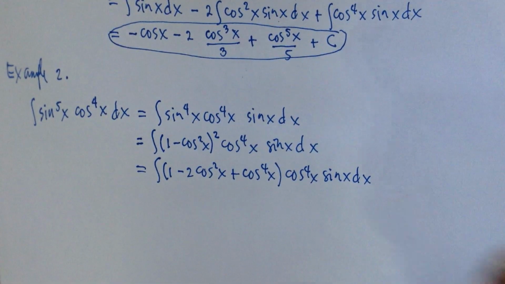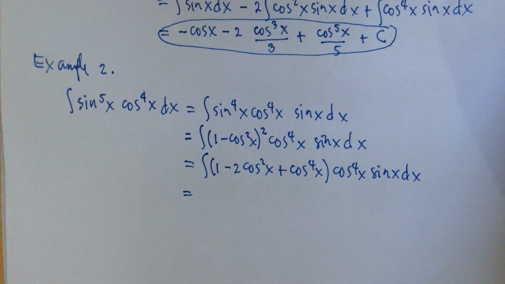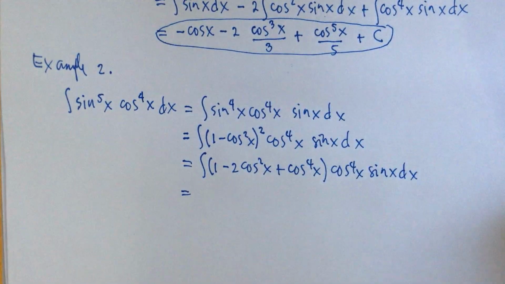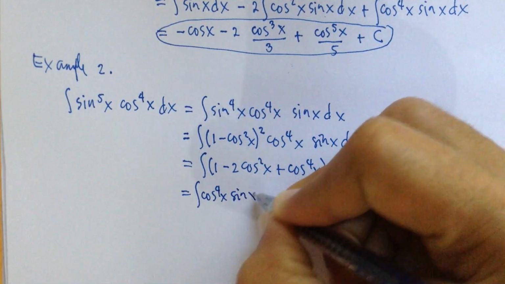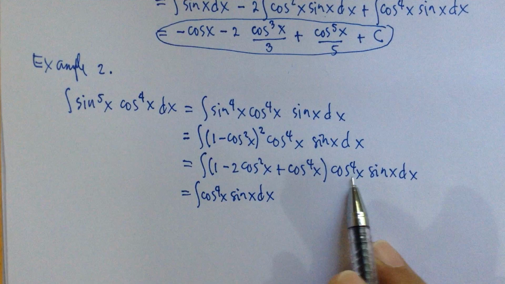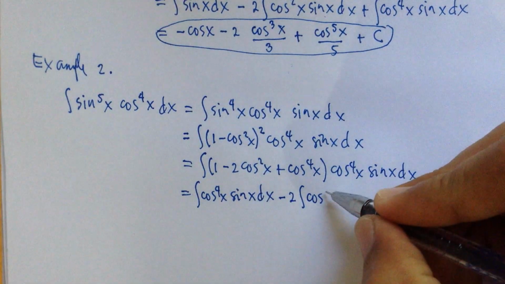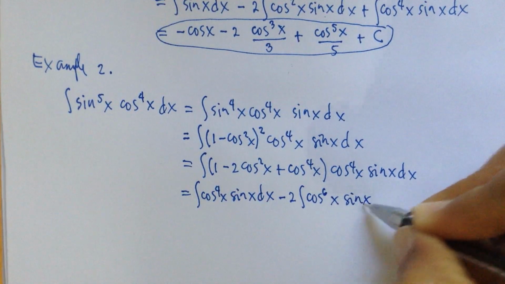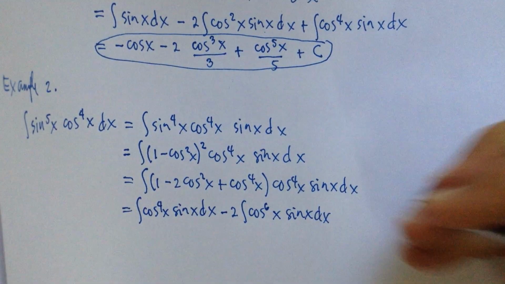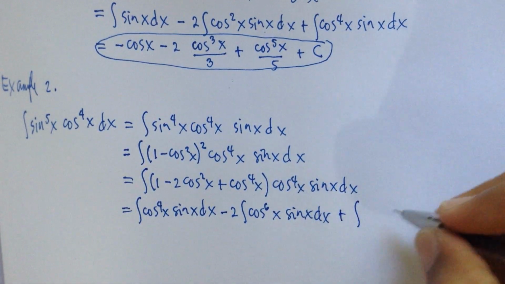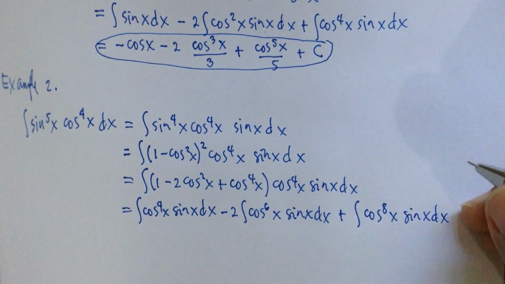This is equal to the integral of cosine to the fourth of x sine of x dx, for 1 times this one here, then minus 2 times the integral of cosine, so cosine squared x times this is cosine to the 6 of x sine x dx, plus the integral of cosine to the 8 of x sine x dx.